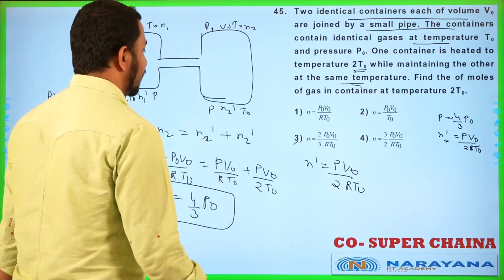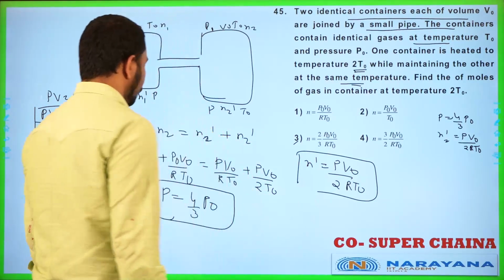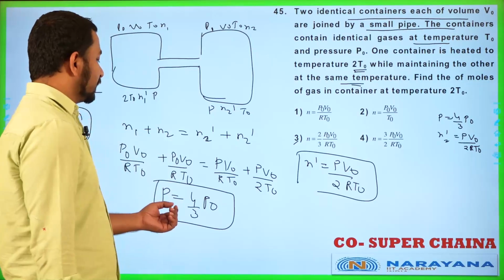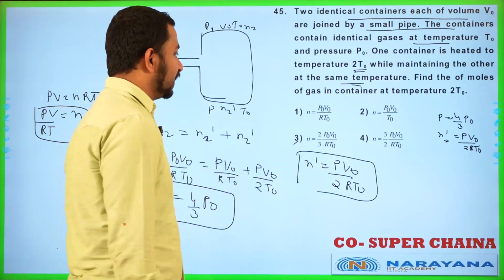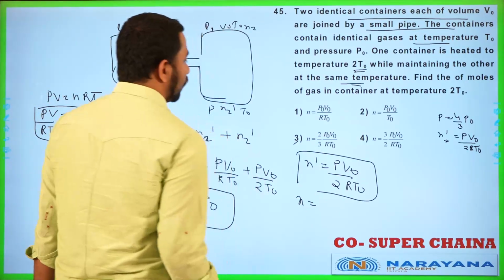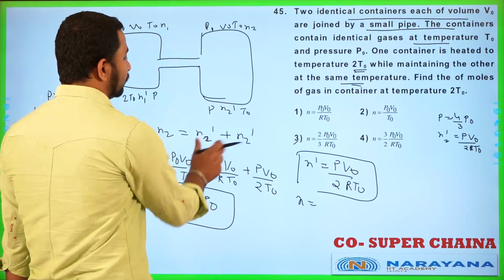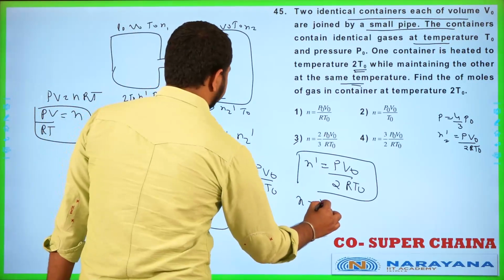This is our new N dash. Now if you substitute this P value in the expression, you will get N, the total number of moles, that is the addition of the two, N1 dash plus N2 dash.